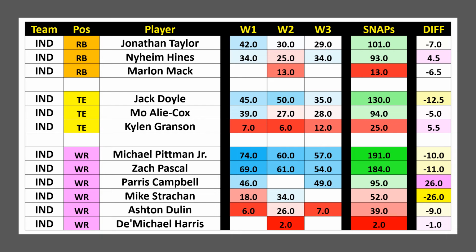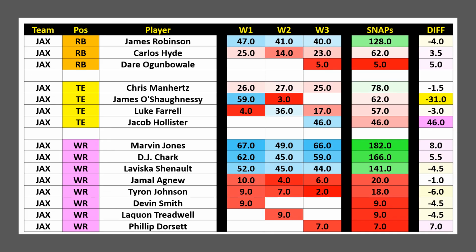Pascal might be out there. Campbell might, but that's a deep play. Deep play. Nothing dramatic here for me. Robinson staying about 40. That's okay. Hyde's about 23. Nothing dramatic.